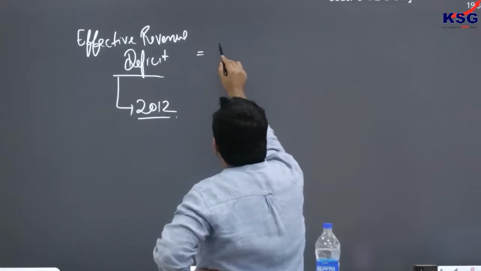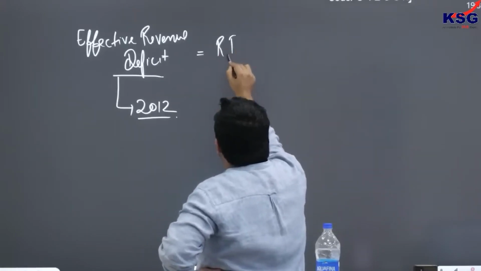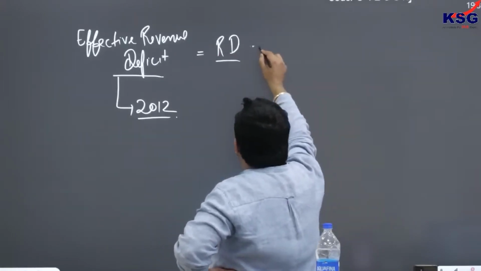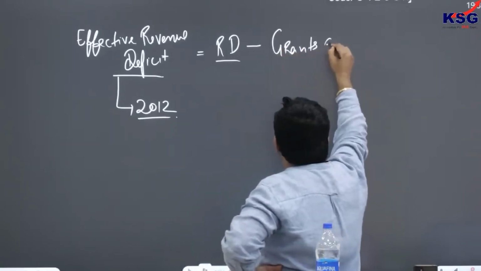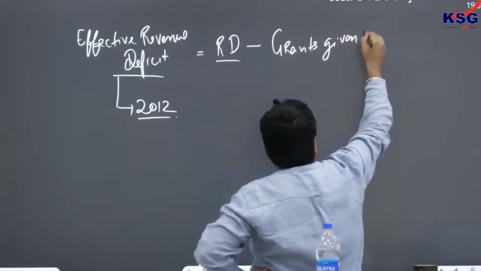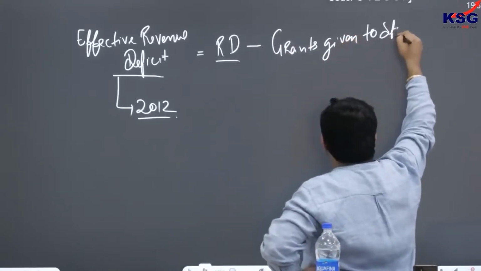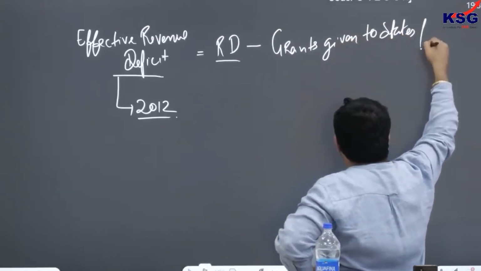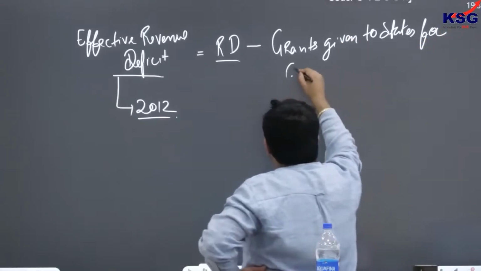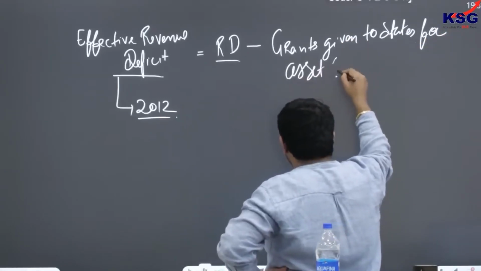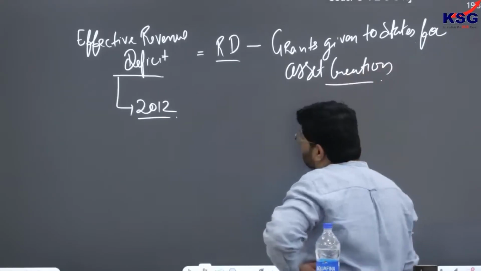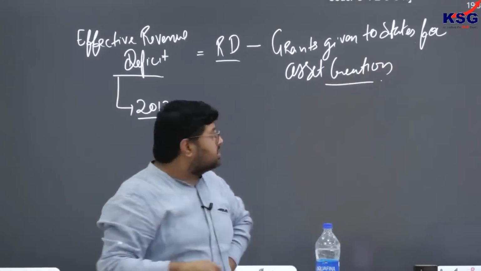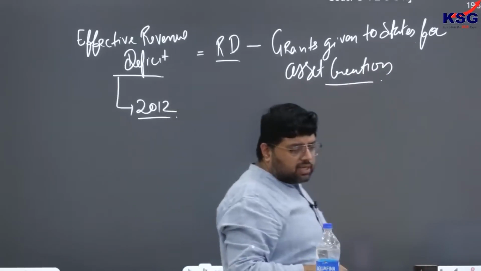So what is the formula for effective revenue deficit? RD minus grants given to states for asset creation.